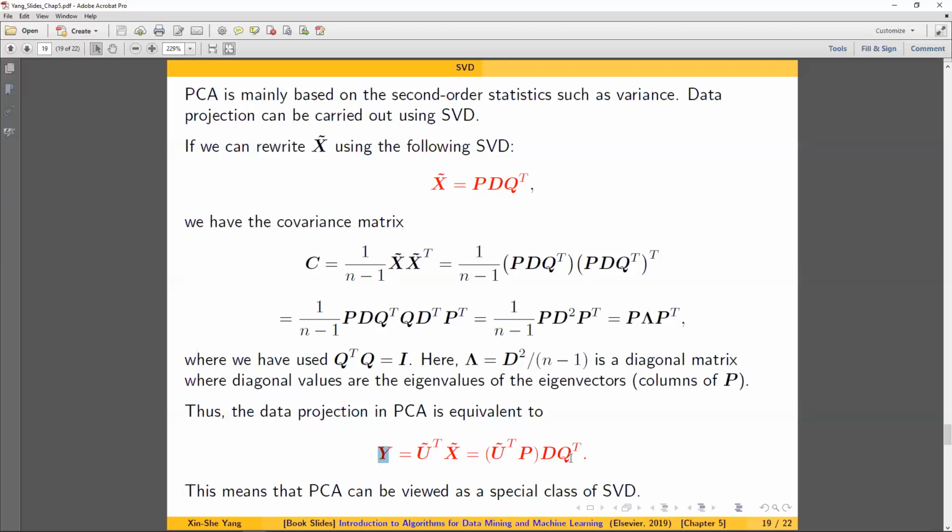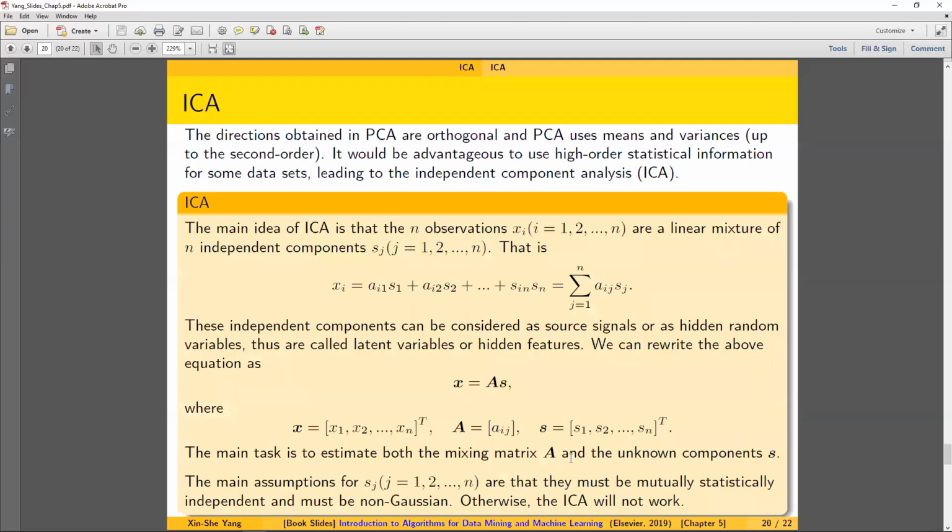Okay, that's really just to give you a sense of the relationship between SVD and PCA. That's SVD. Next, coming up, we want to discuss ICA. So let's think about one more case.